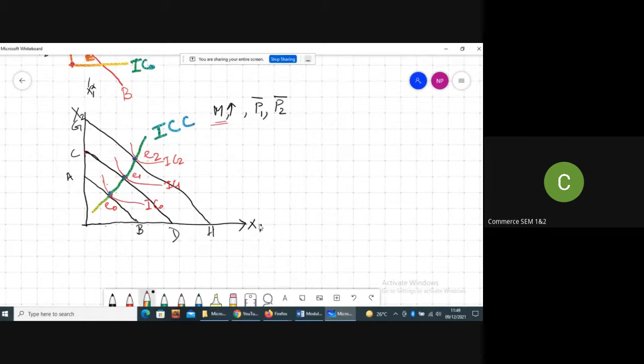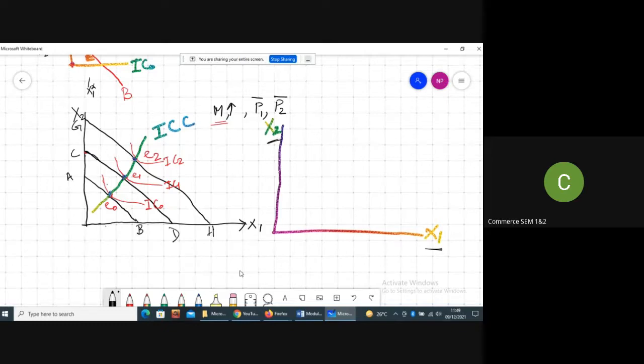Now if commodity 1 is an inferior good, then how will the ICC look like? What is an inferior good? Inferior good কাকে বলে? Say I'm saying that X1 is an inferior commodity and X2 is a normal commodity.